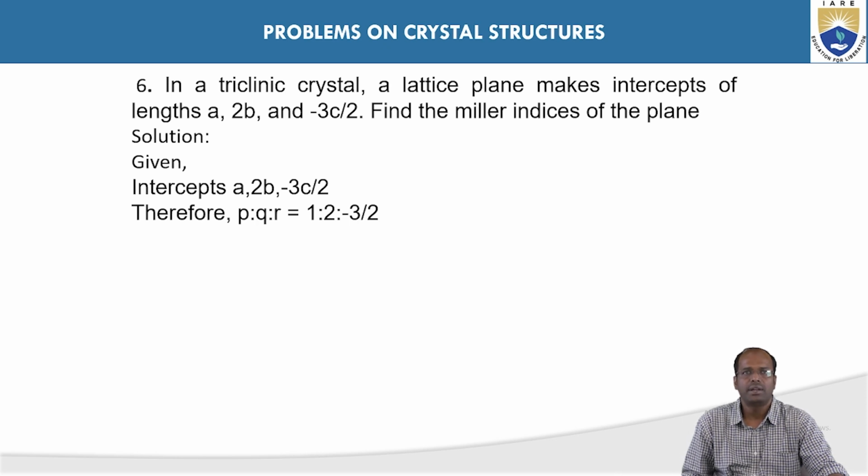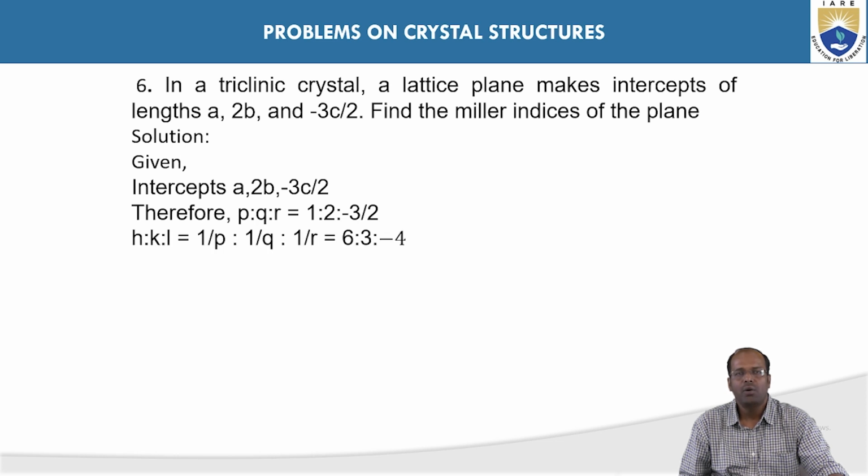Therefore P : Q : R is 1 : 2 : minus 3 by 2. Now we are taking the reciprocal of P, Q, R.